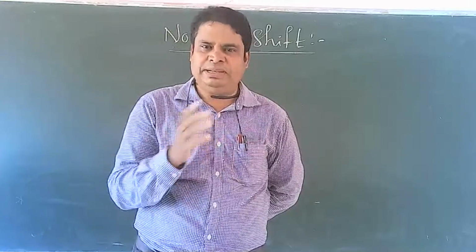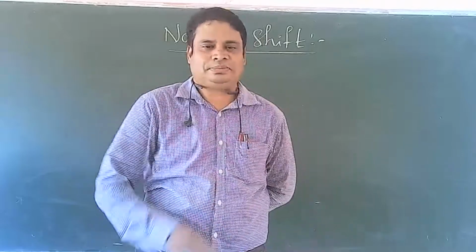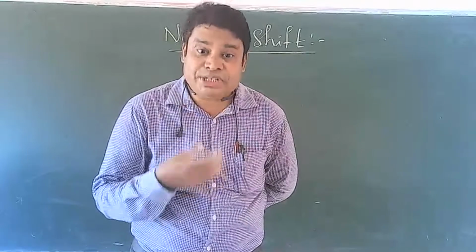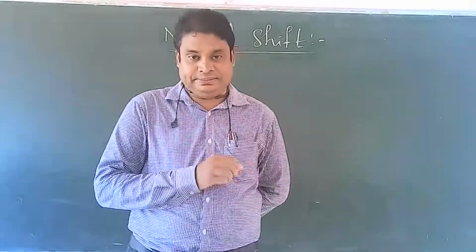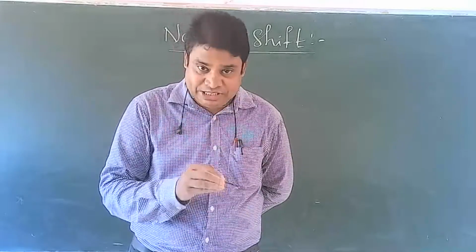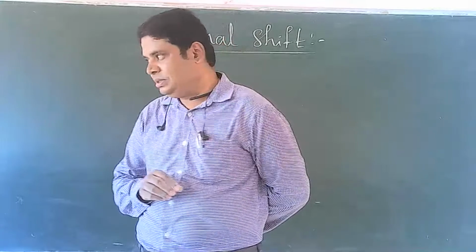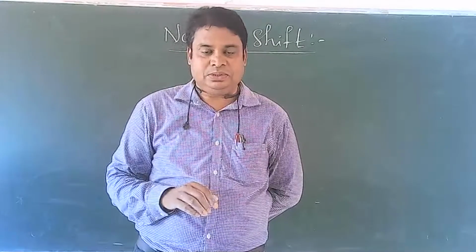Obliquely also it holds good, but in the definition it is normally. Let me repeat: it is an apparent shift in the position of an object placed in one medium and observed from another medium.